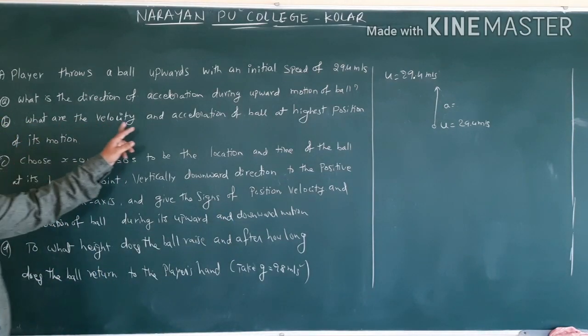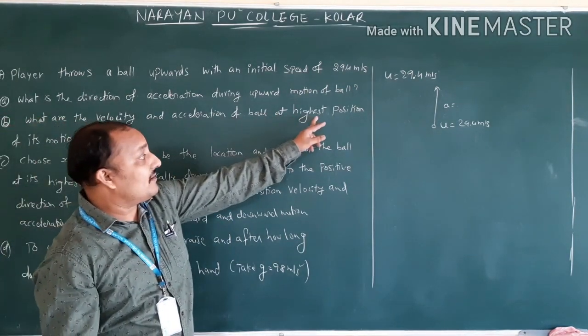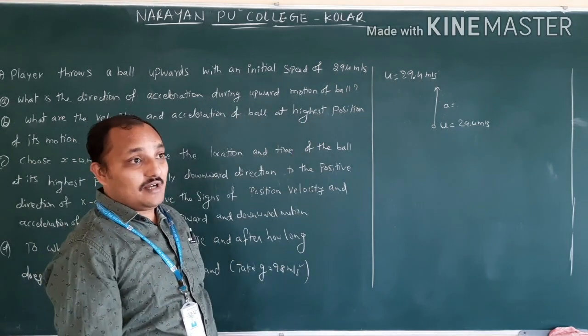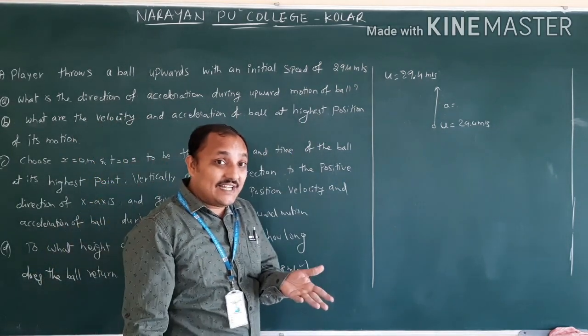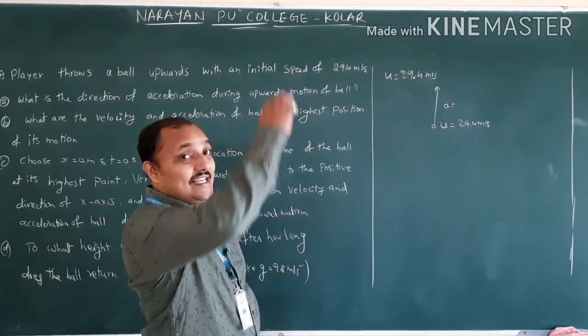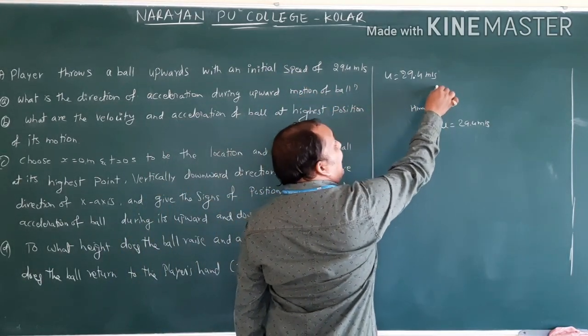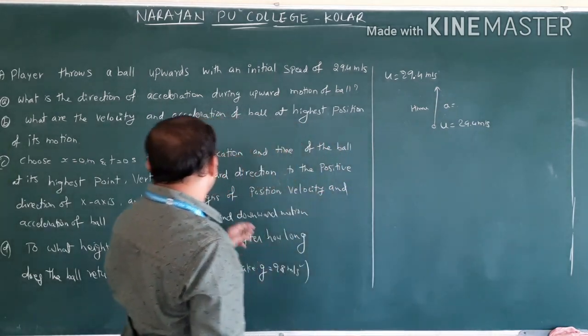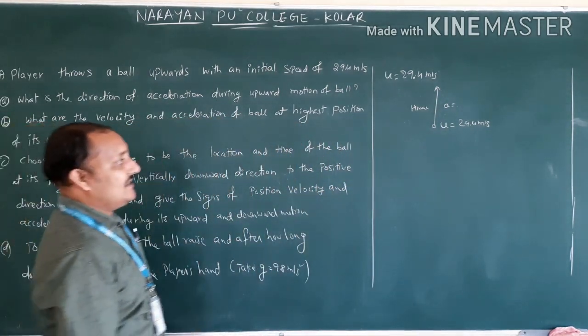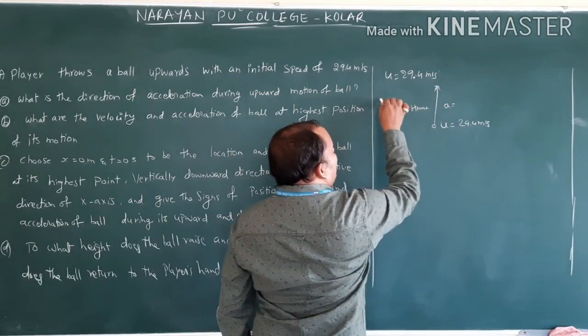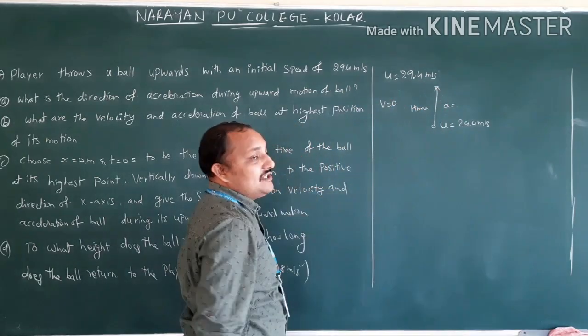Next B. What are the velocity and acceleration of the ball at highest point? Already we discussed in case of vertically projected body. At highest point, what is maximum? H is maximum. At maximum height, what is its velocity? They are asking velocity and acceleration. At maximum height, what is the final velocity? Means 0.